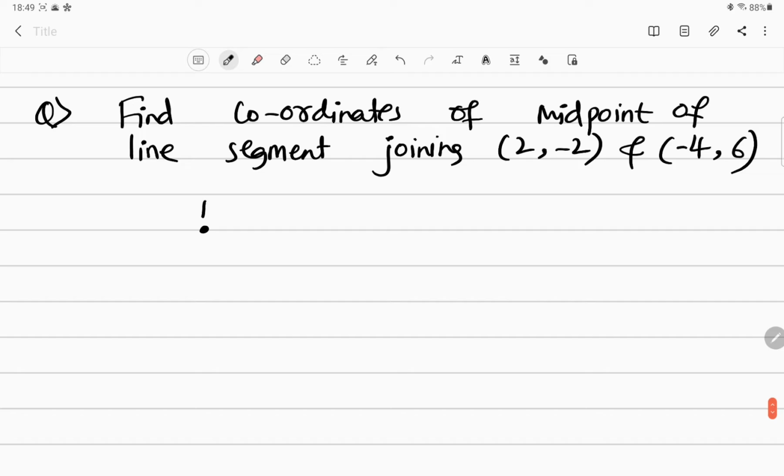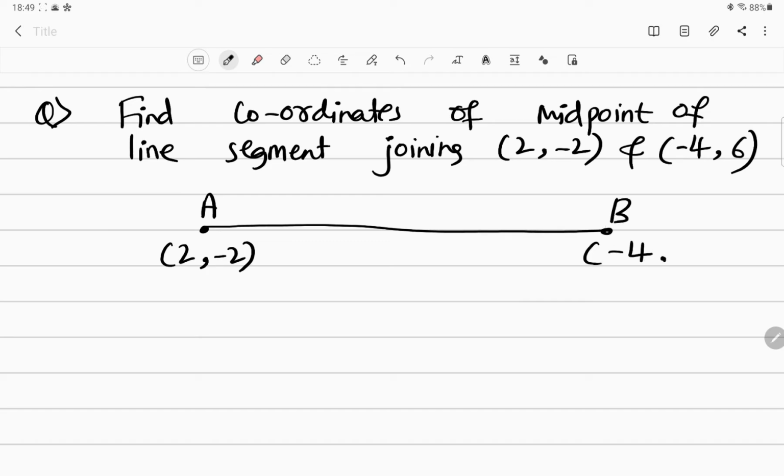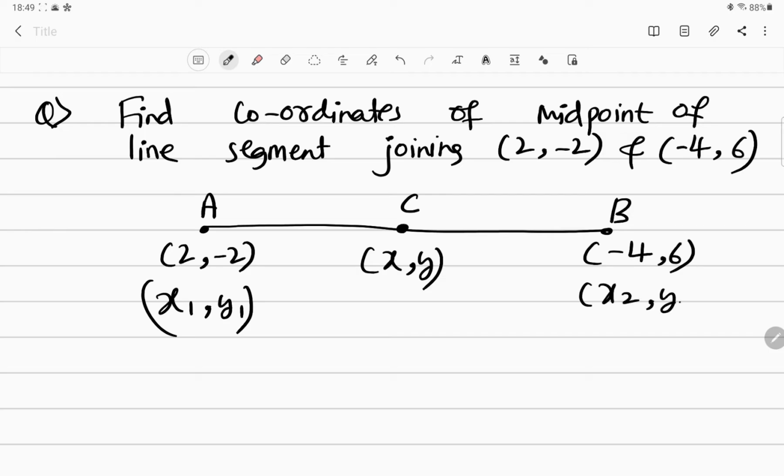So here is one point, let me call it A. This point is 2 comma minus 2, and another point, let me call it B, is minus 4 comma 6. Here is the midpoint, let me call it C. It is going to be x comma y, and I'm going to call A as x1, y1, and B as x2, y2.